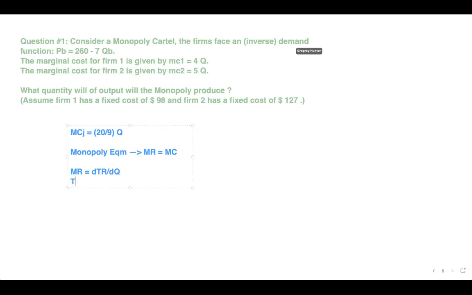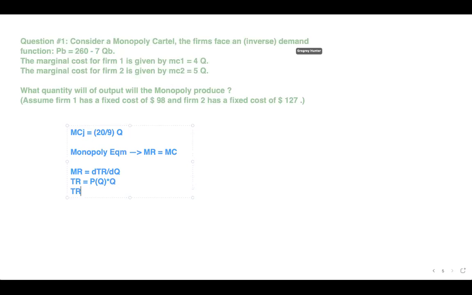So total revenue is equal to P times Q, but we know that P here is PB, from the demand function. Those are all the possible prices that can be sustained in the market. So I would write it like this. You can put PB there if you want. That's where you get the equation from.